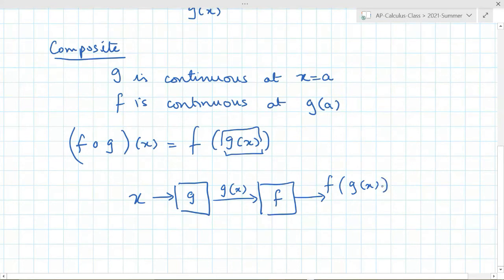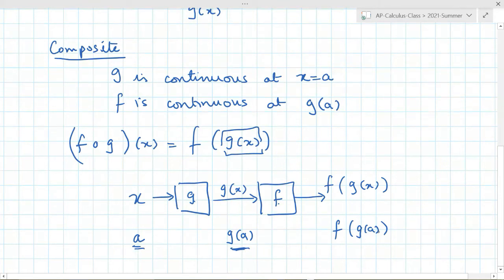So that is why if g is continuous at x equals a, if x is a, right, then we will get g of a here, correct? And then g of a is going into f, and then you will get f of g of a, correct? That is why this is saying f has to be continuous at this one. If g is continuous at a, f is continuous at g of a, then we will get f of g of a, right?